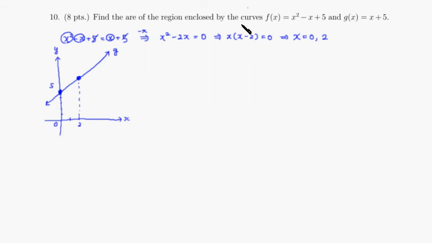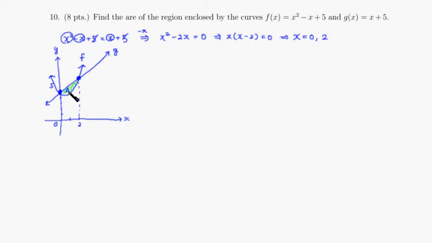But you have a parabola facing up, so I'm going to guess what it's going to look like. It's probably going to look like something like that. So that's our function f. All right, this is going to be the region that we want. So let's find the area A.